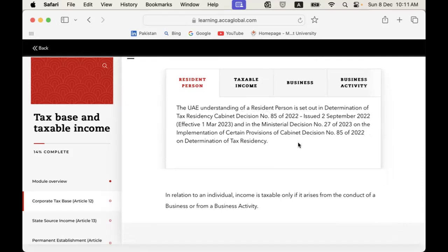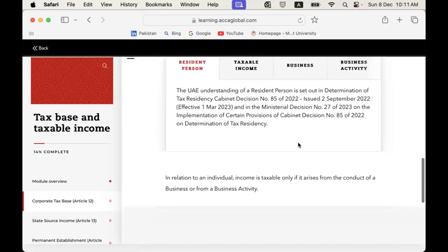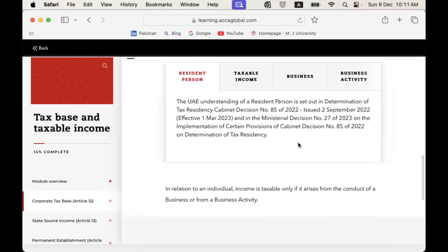Some criteria have been provided there. These decisions are available, but generally speaking, what you understood was quite enough, at least for your understanding, that naturally resident persons can be either juridical persons or natural persons, and in juridical there are two types.